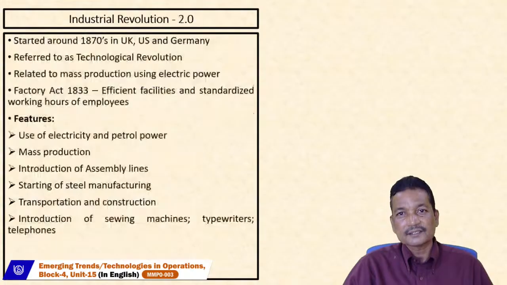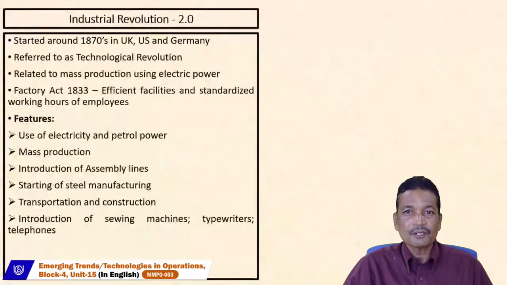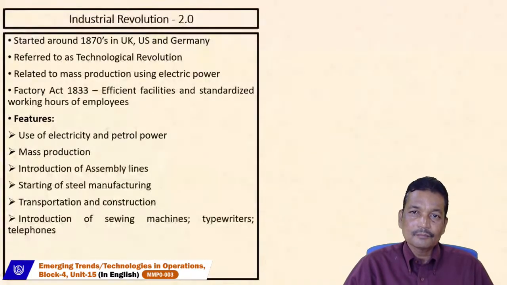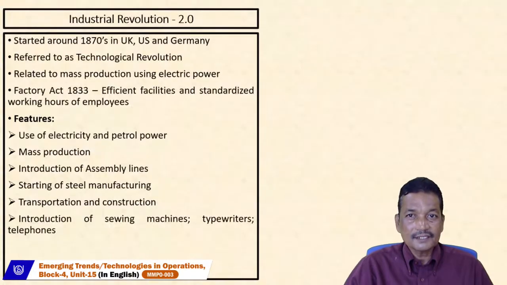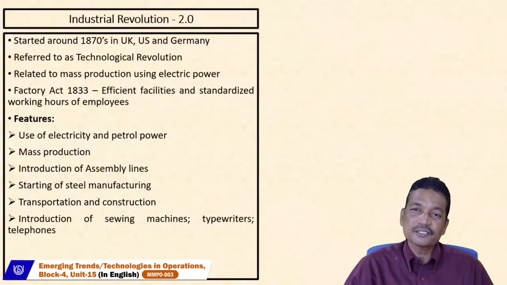After the 1850s, the Industrial Revolution, which was ushered in by steam power based industries, gave way to the second Industrial Revolution, which we name Industrial Revolution 2.0. It started around the 1870s in the United Kingdom, United States, and Germany. Here, much focus was now on technological revolution.